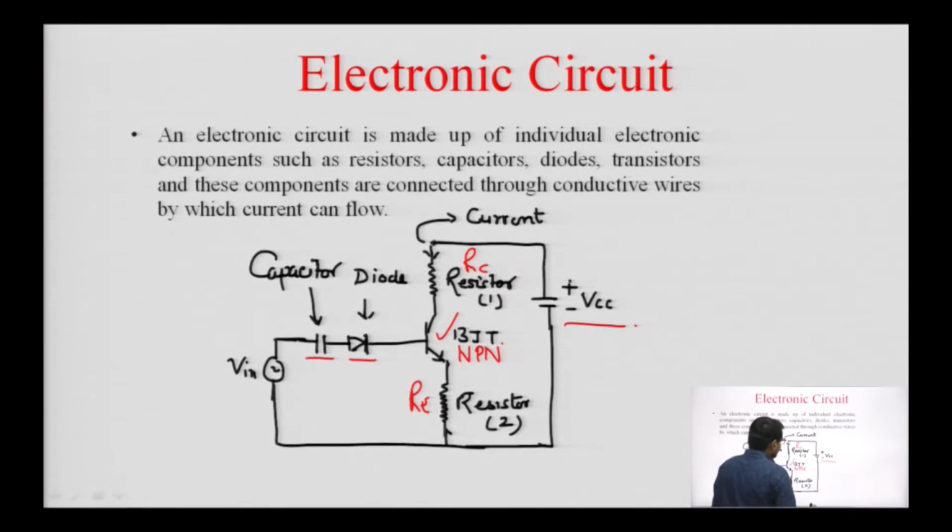This circuit illustrates the definition: an electronic circuit is made of individual electronics and electrical components such as resistor, capacitor, diode, transistor, may be BJT, JFET or MOSFET, connected through a conductive wire by which the electric current can flow.